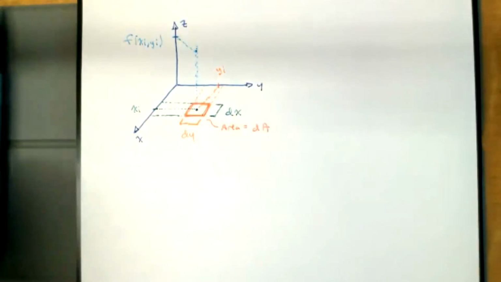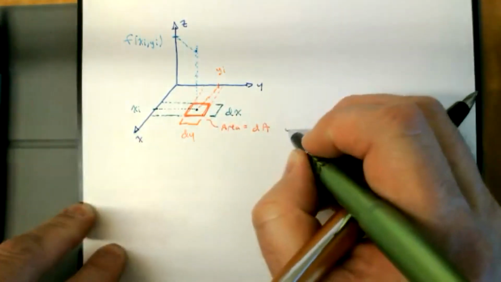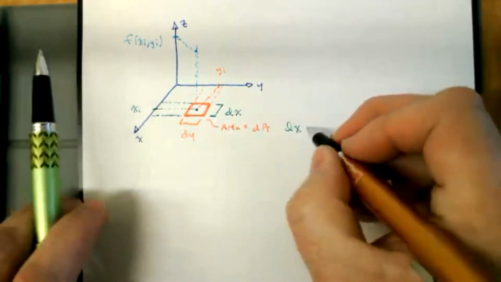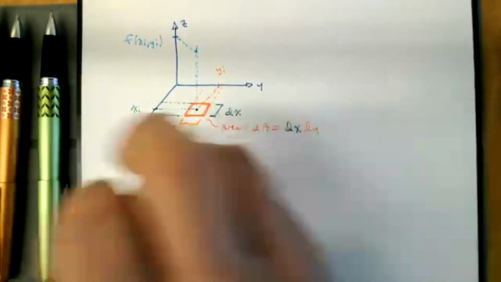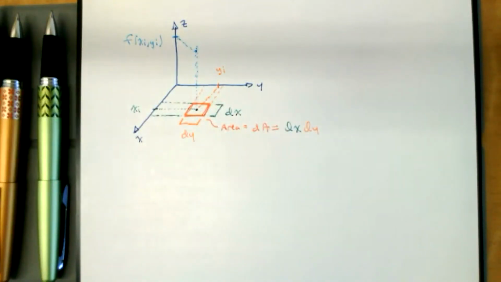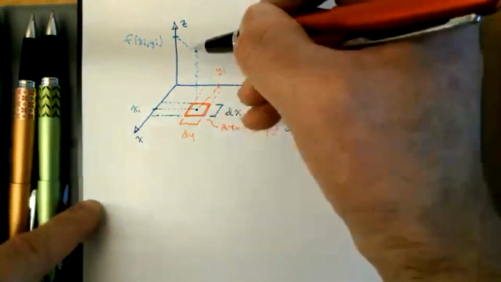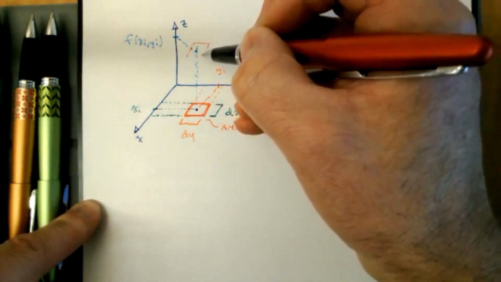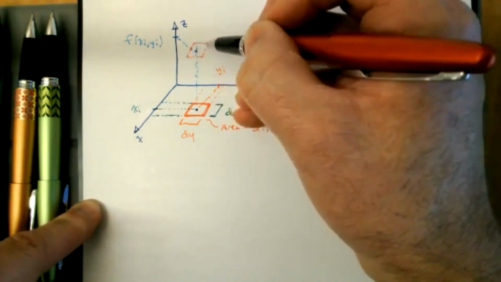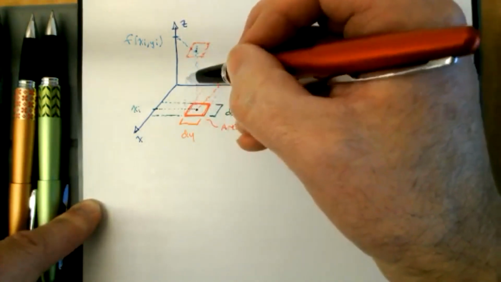So the area, the dA, is going to be dx multiplied by dy. And we're imagining that dA all the way up to the height to make a rectangular solid. And that's going to be the volume of our first rectangle.